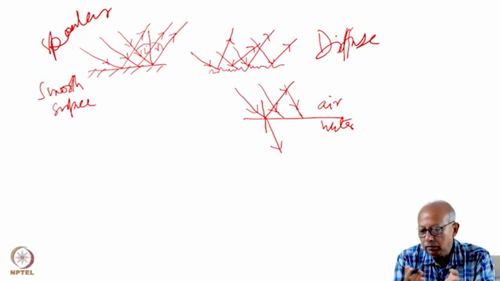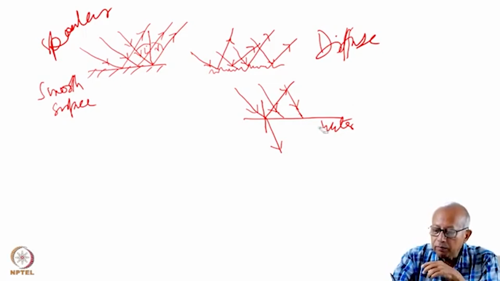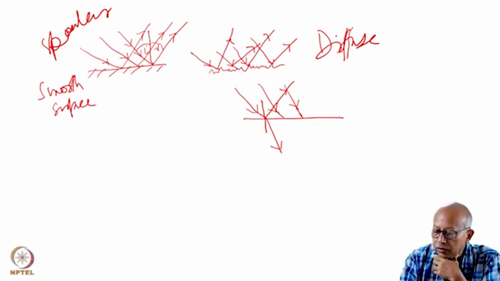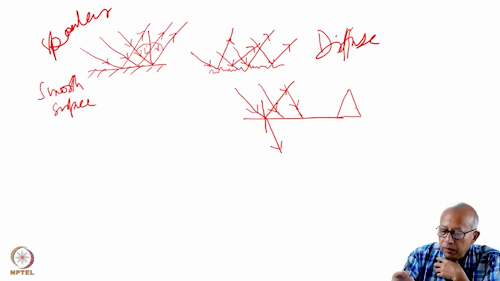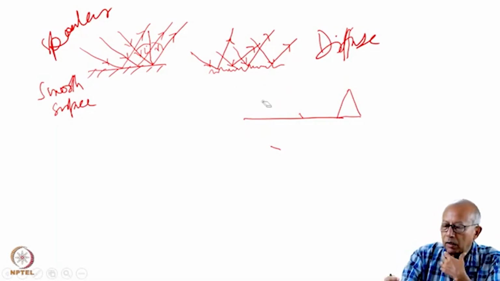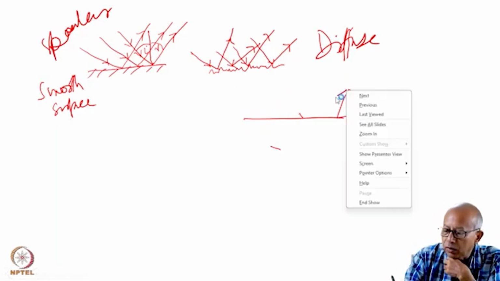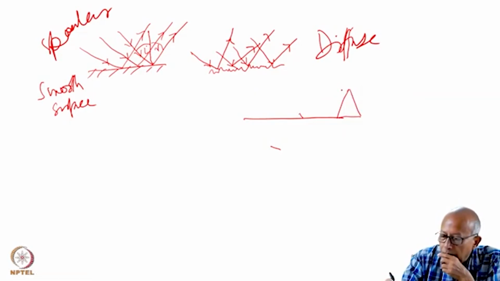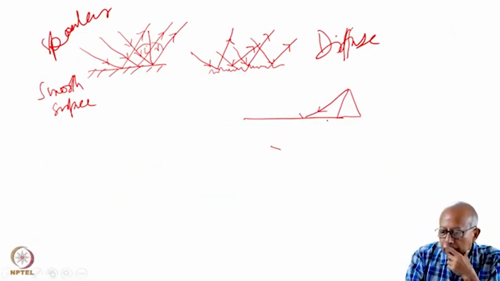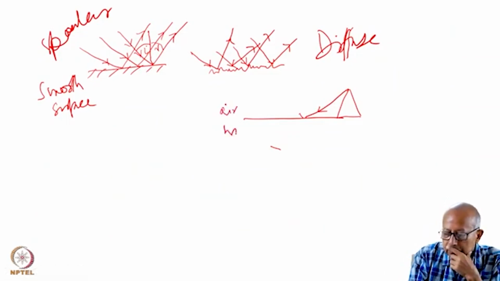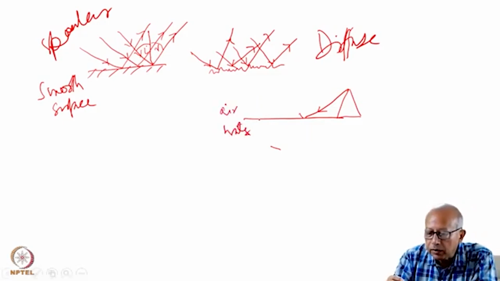This reflection from an air-water interface is very common in nature. Let us consider the reflection from such an interface, and suppose there is an object. The light from this object would shine onto this air-water interface in this particular case.